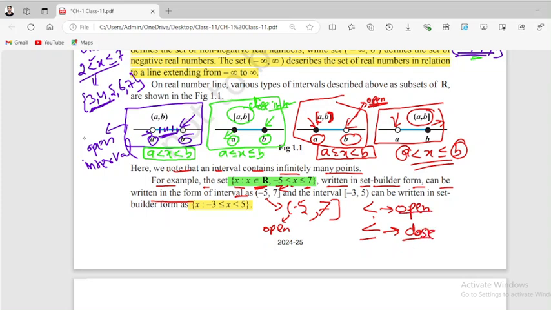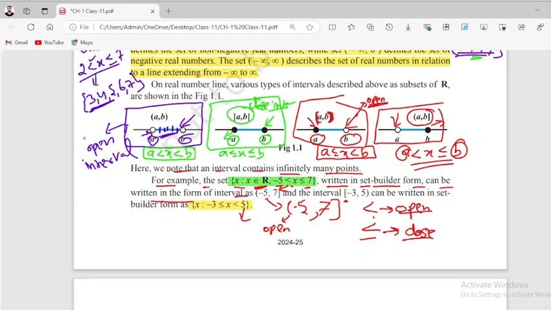Okay, is it clear? This is the open bracket and this is the close bracket, and same as it is here, this close sign represents that x is less than or equal to 7, and 5 is for the open interval. We cannot consider the value.